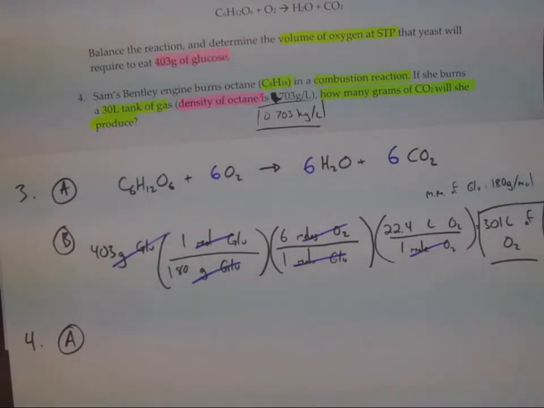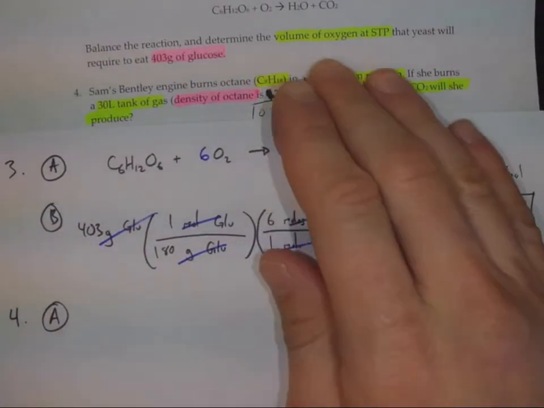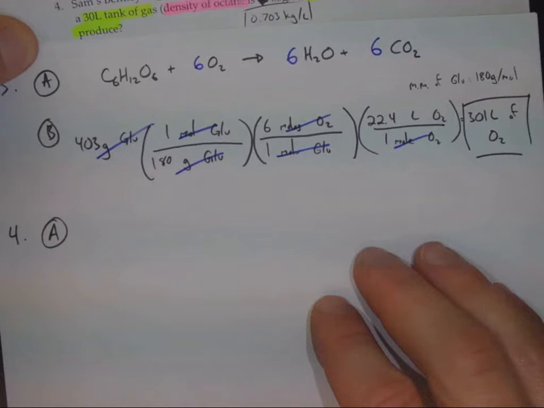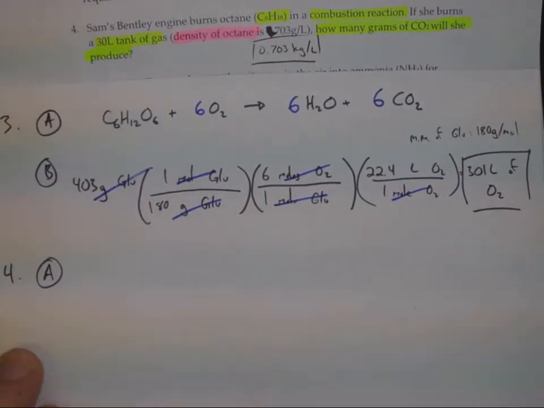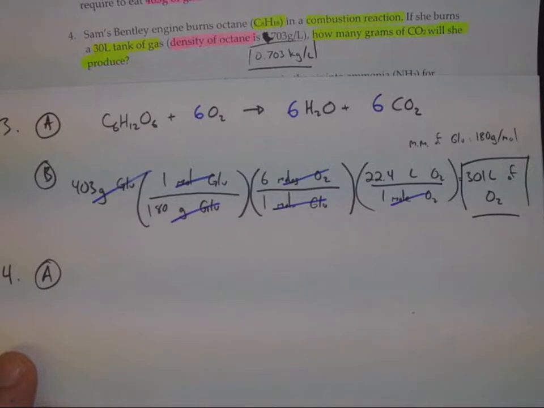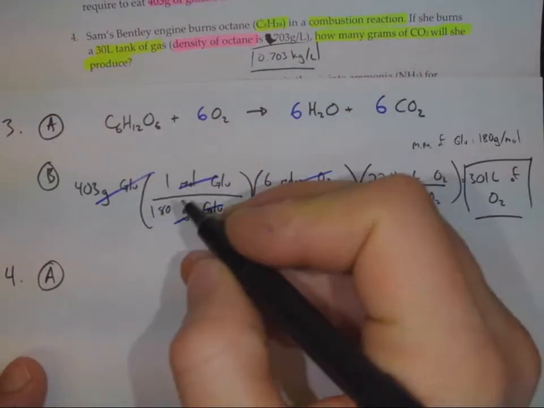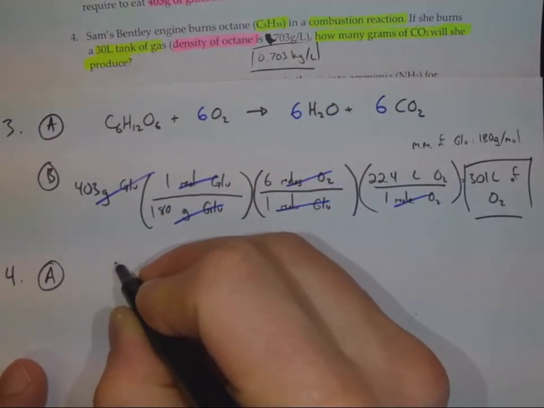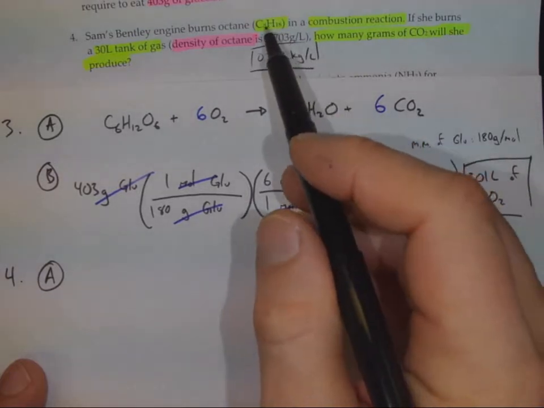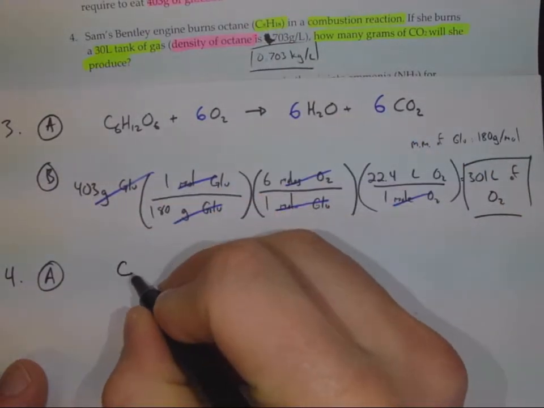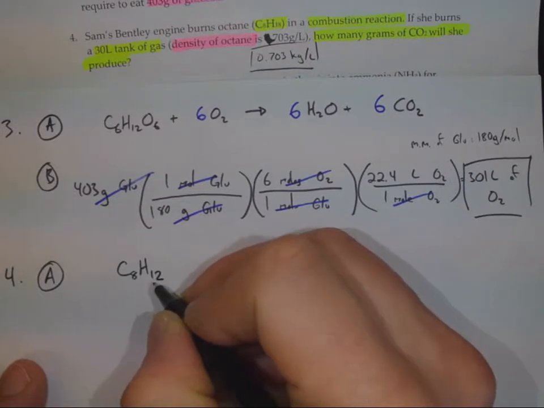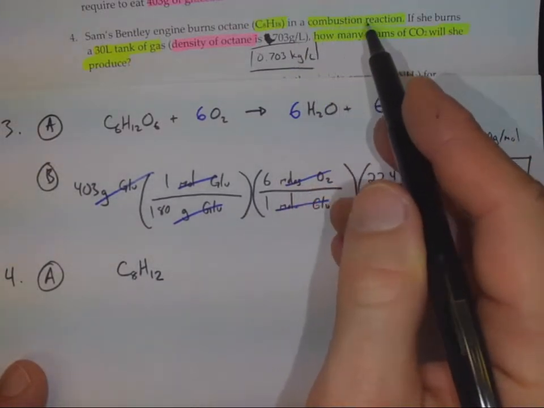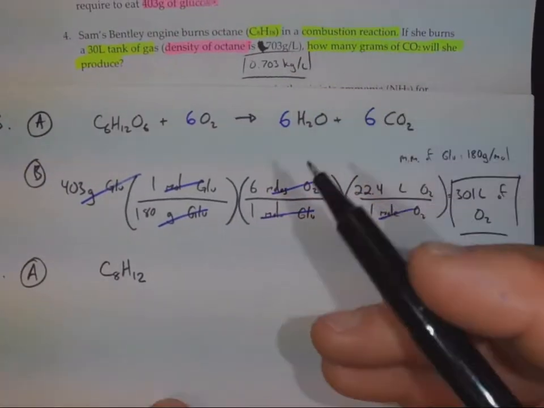All right. So we want to know how much carbon dioxide Sam's going to produce out of her tailpipe, and specifically what it would weigh. All right, so let's find out. We were given some clues for a reaction. We know that we're going to be burning octane, and we know it is a combustion reaction, a typical burning reaction.